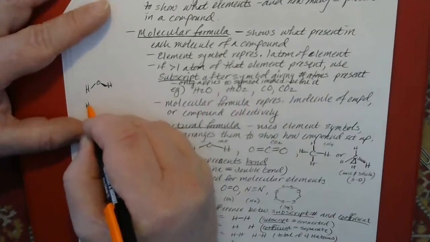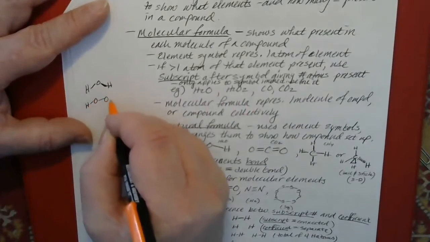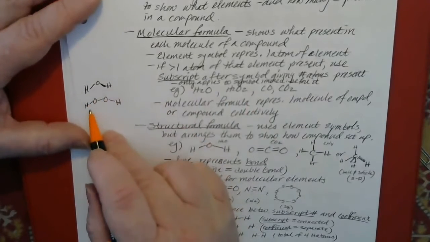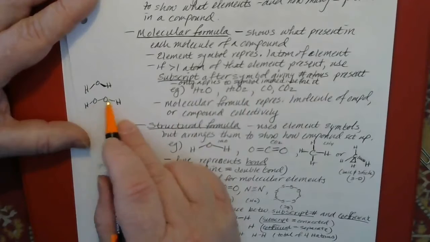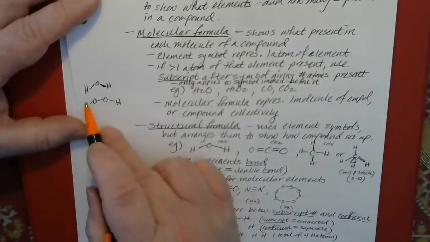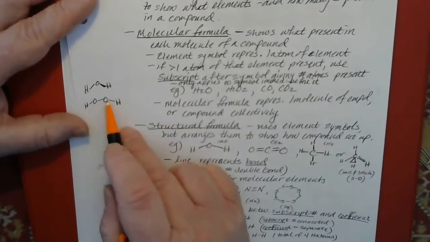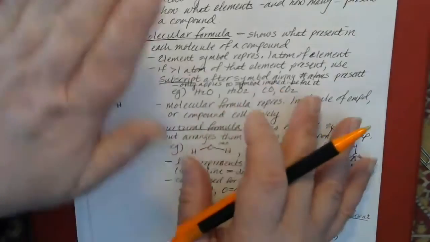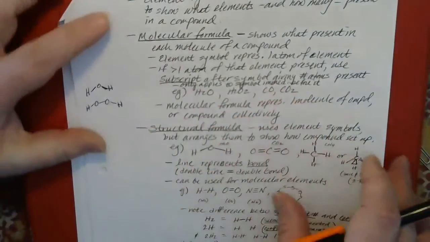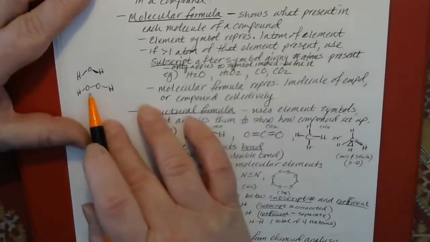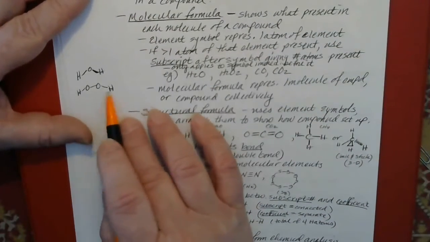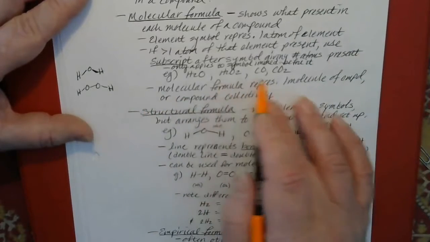And each molecule of hydrogen peroxide would look something like this: 2 hydrogens and 2 oxygens. And again, the fact that it's bent like this and that the oxygens are in the middle, we'll get to that later, so don't worry about not understanding why that is. This is just to show how many oxygens and how many hydrogens there are.